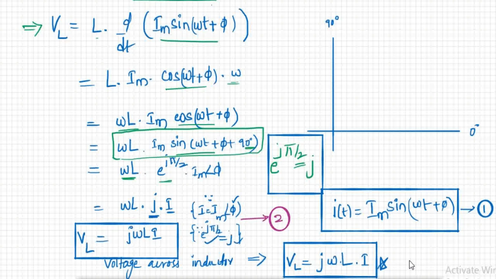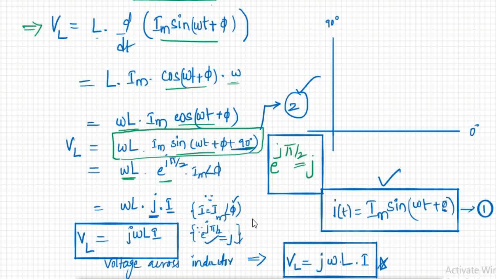Here, if you observe, voltage across inductor VL is having a phase shift of 90 degrees. If you compare equation 1 and equation 2, you can see that current has a phase of pi only, but here the voltage across inductor has an extra phase of 90 degrees.